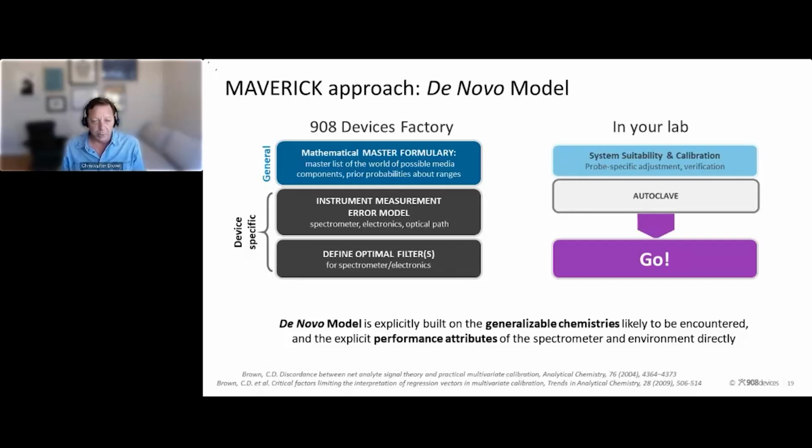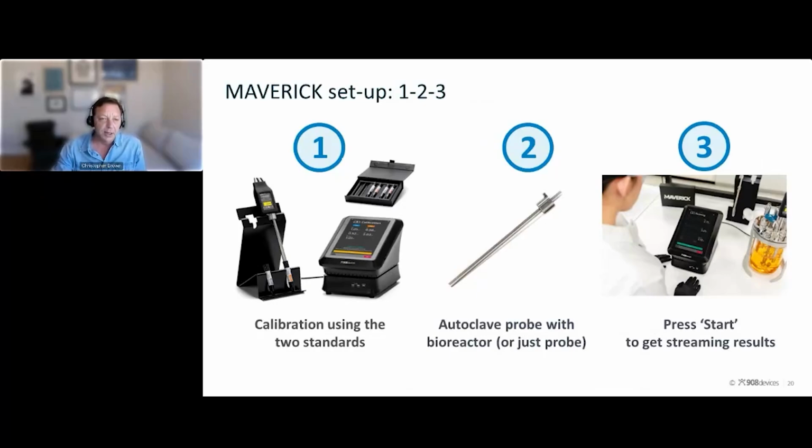in your mammalian process. A picture of that in your lab process, so it's really just 1, 2, 3. So Maverick arrives ready to go. The two PQ standards come in a kit, and Maverick's probe is immersed in each of those in succession. That allows it to complete its system suitability.